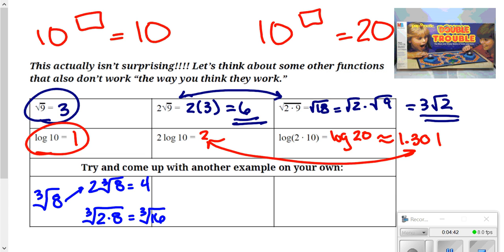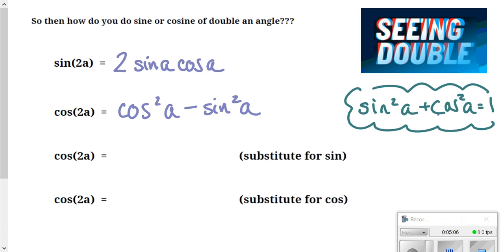No. One way I get 4, the other way I get cube root of 16. Cube root of 16 isn't 4. Square root of 16 is 4, but not cube root of 16. So in general, as long as you just said something where 2 times a function is not the same as putting 2x into the function. That's the deal, okay? Whatever examples you thought of.